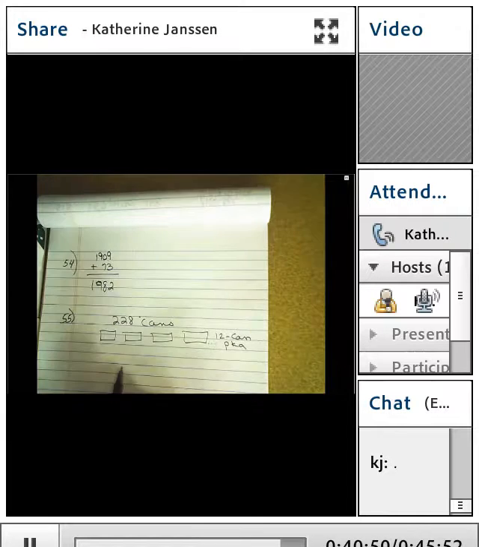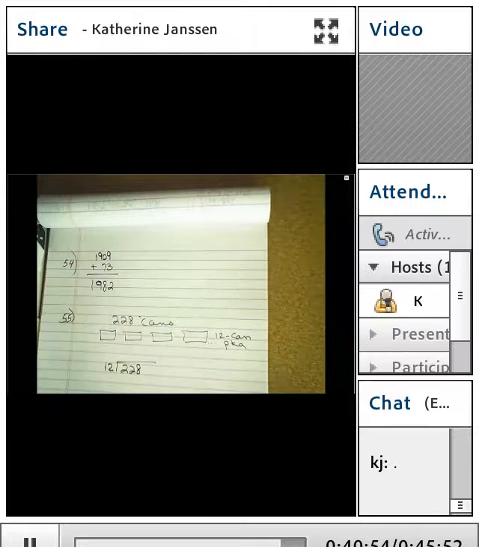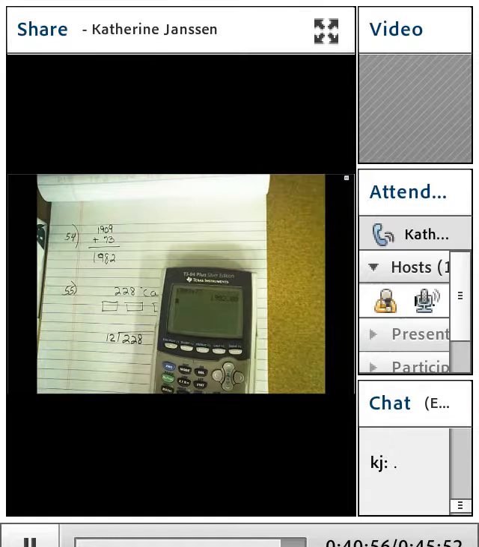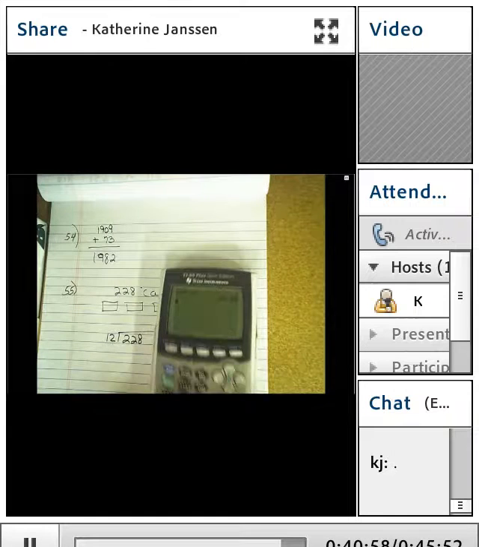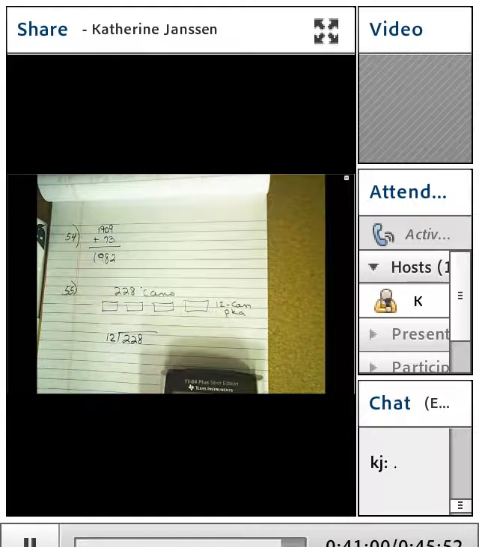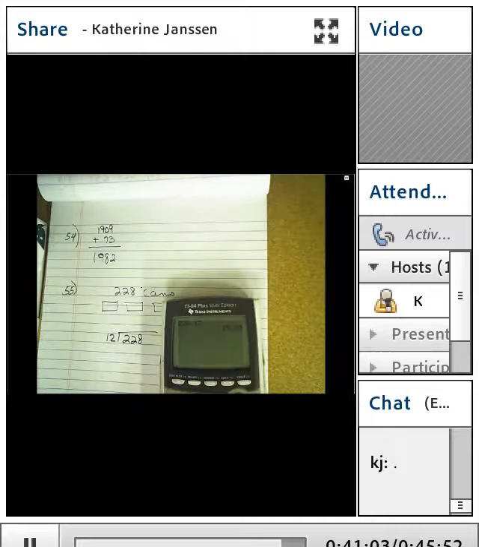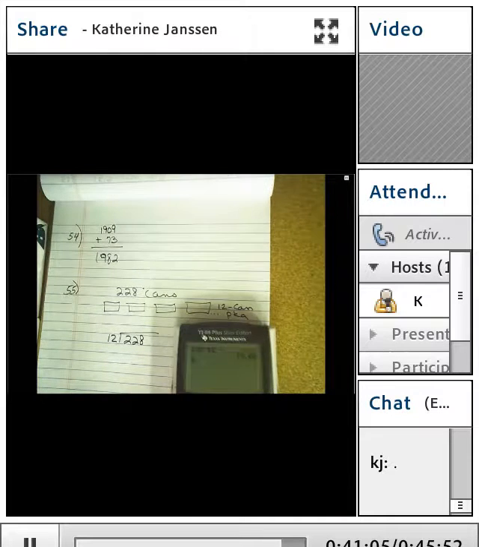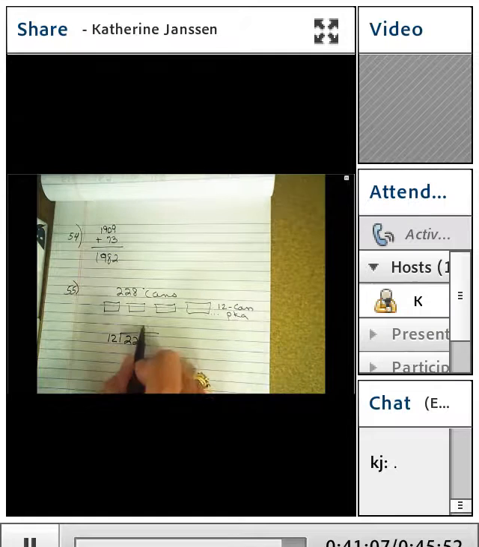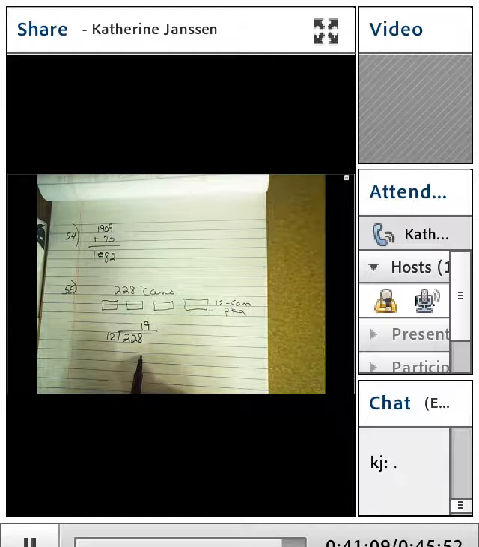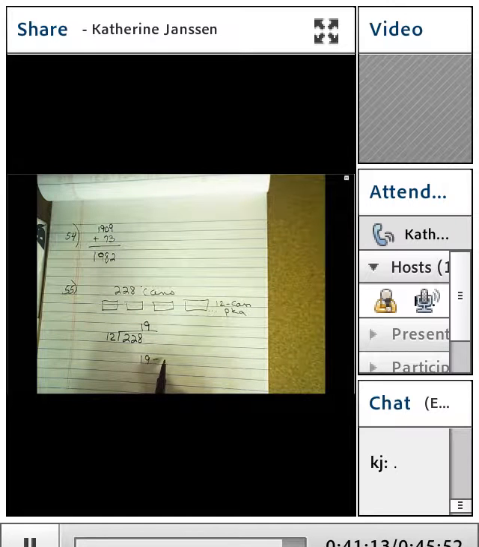So we have 228. We want to divide it into 12 packs. Divided by 12 is 19. So we were able to package the 228 cans into 19 12-pack packages.